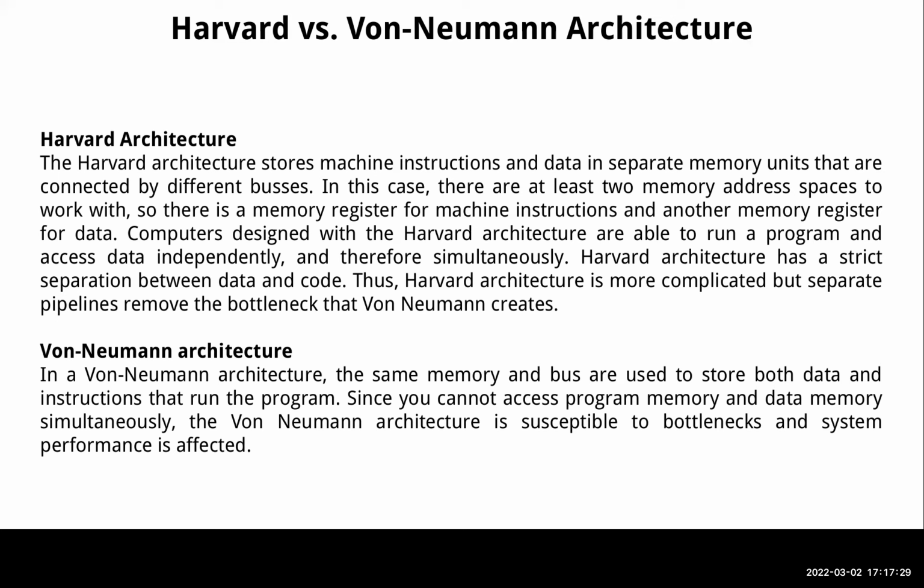Also, these architectures do not only apply to our main memory, they can be applied to any memory in our computer system, from the cache to main memory, even to secondary memory.